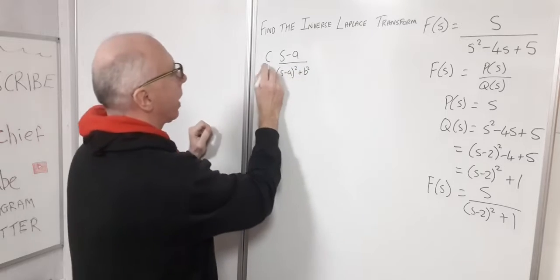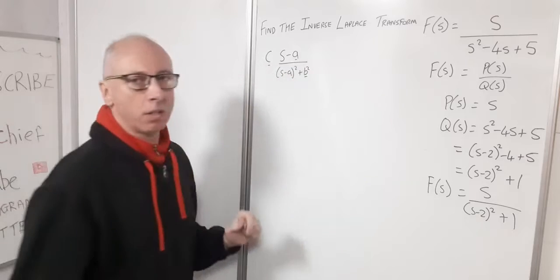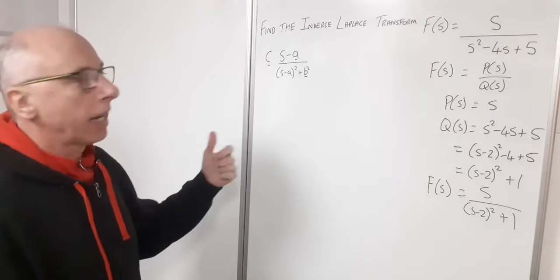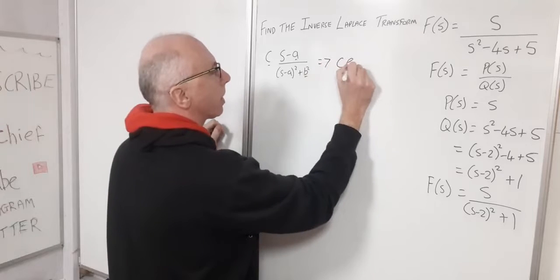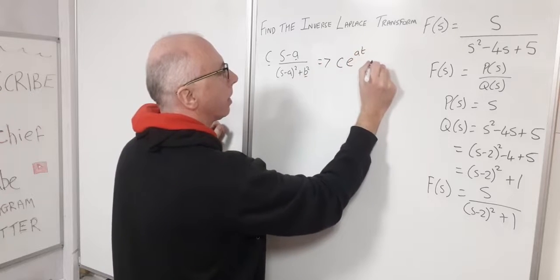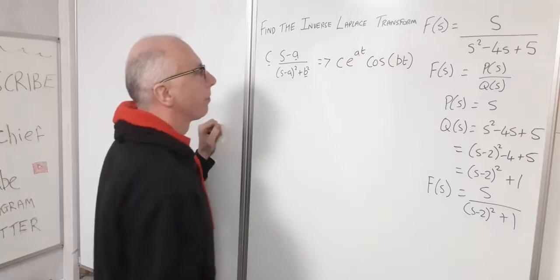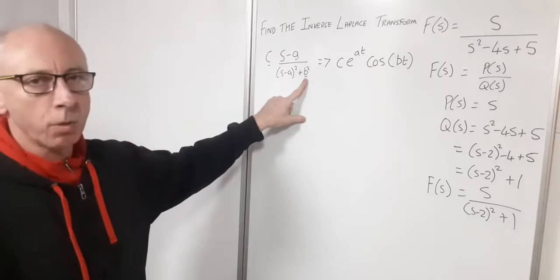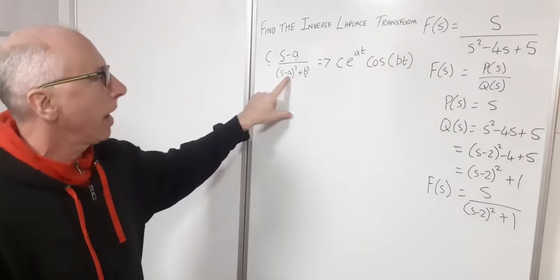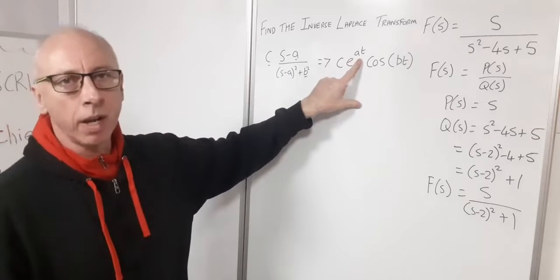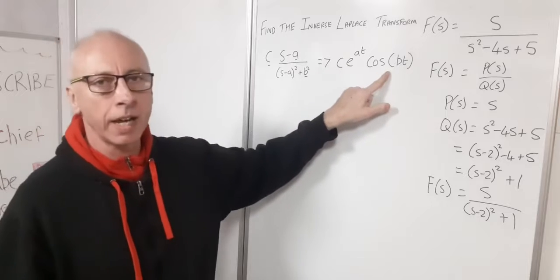Now, c is a constant, a is a constant, and b is also a constant. This one will give me c times e to the at cosine of bt. So here, b will give me my input for my cosine, and my a here will go with my exponential function. So here we've got a combination of exponential and cosine.